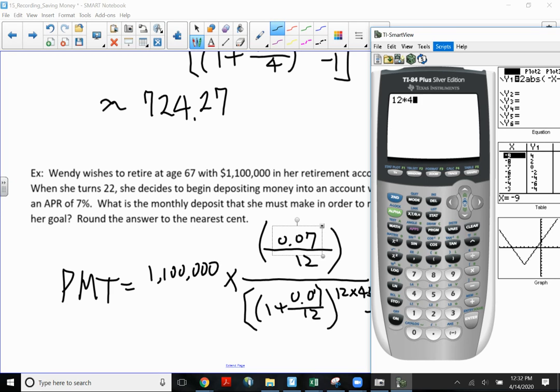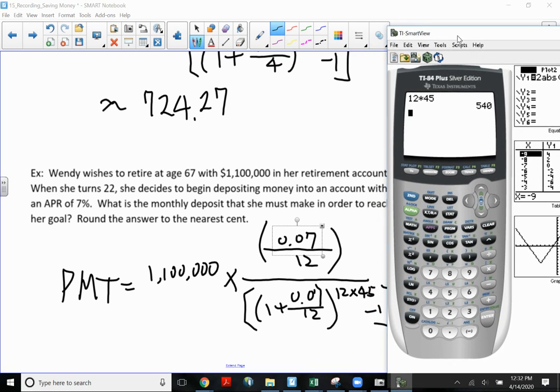12 times 45, my exponent's going to be 540. So 1,100,000 times, oh, gotta start with a parenthesis first. Open parenthesis, 0.07 divided by 12. Close parenthesis for division.